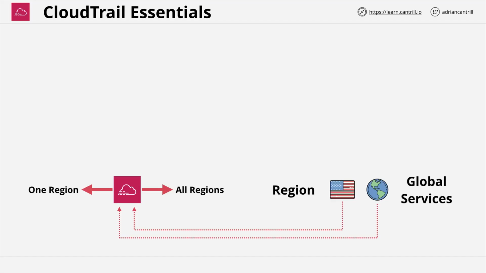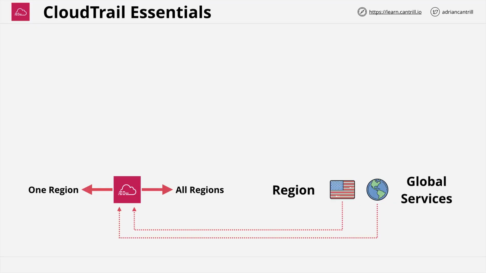So global services such as IAM or STS or CloudFront, these services are very globally focused services, and they always log their events to US East 1, which is Northern Virginia. Now, these type of events are called global service events, and a trail needs to have this enabled in order to log these events. This feature is normally enabled by default if you create a trail inside the user interface.